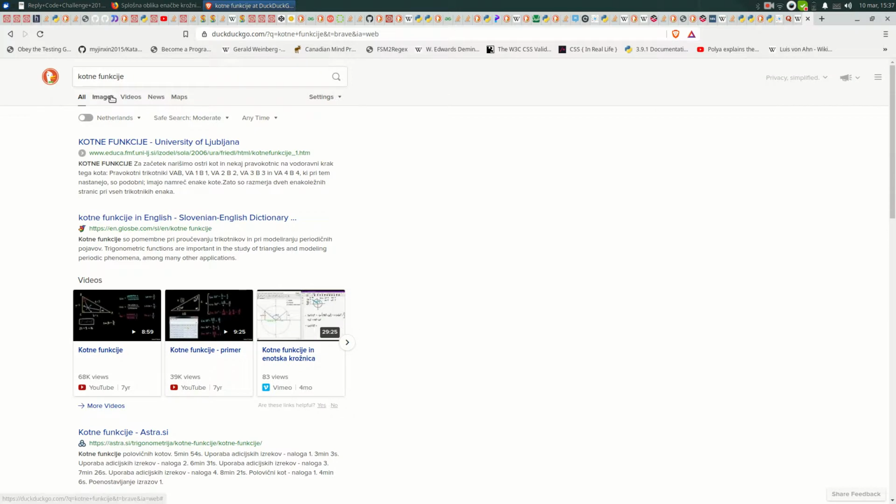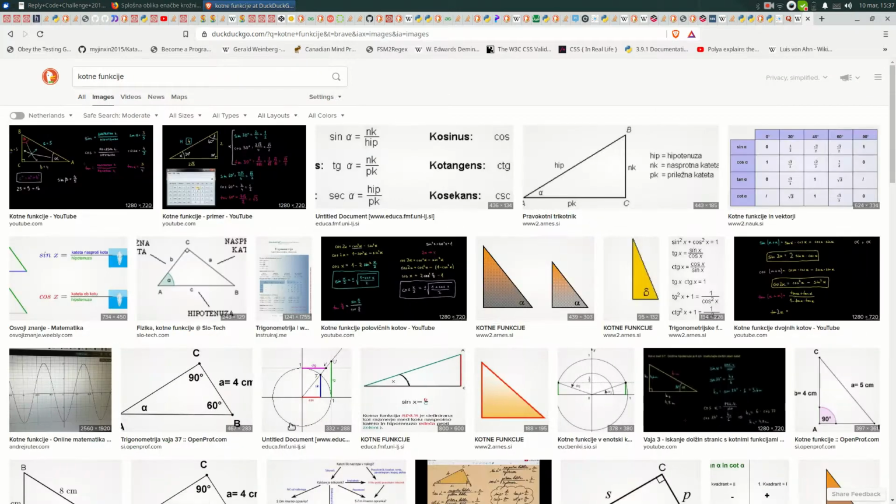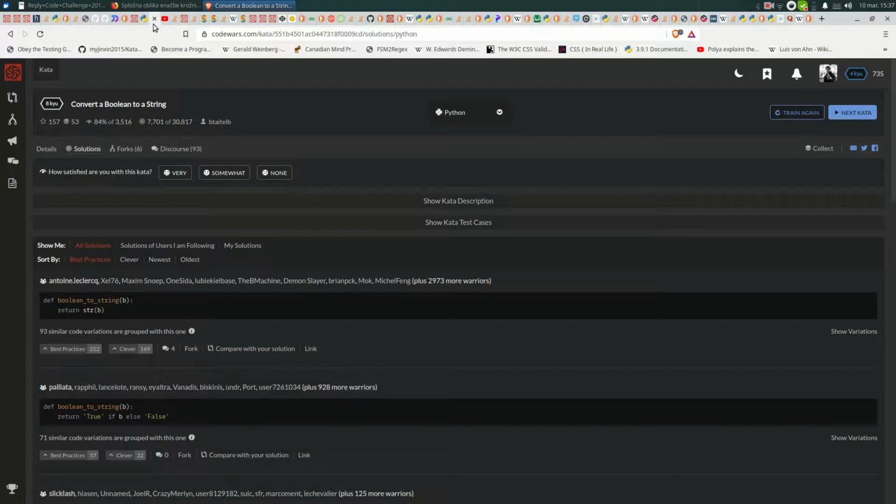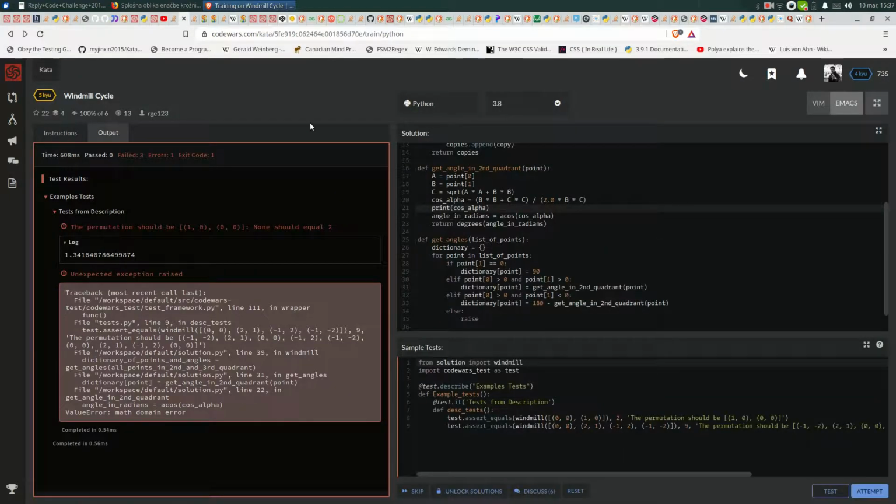Let's see. So that's where it's cos. Yeah, I guess so. Cos cannot be more than 1. And over here our calculation says that cos is more than 1, so that's wrong.